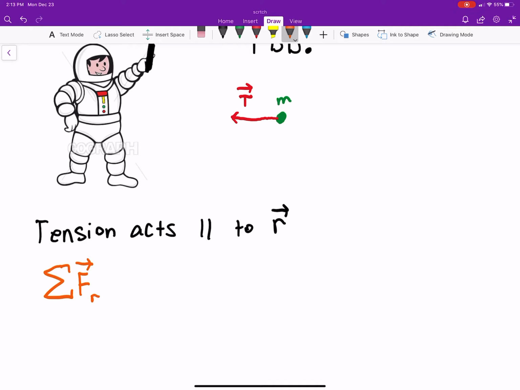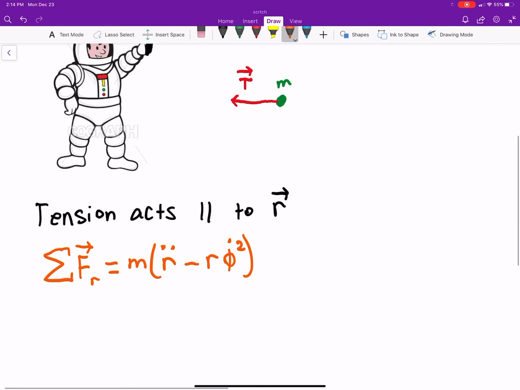So we're interested in F sub r, which, again, we showed in the last video, is mass times our acceleration. And this is our acceleration for F sub r.